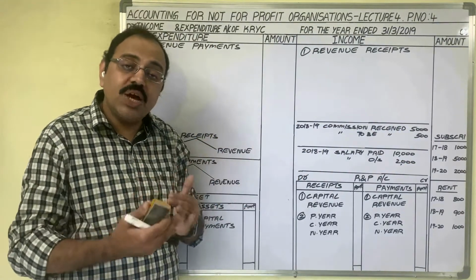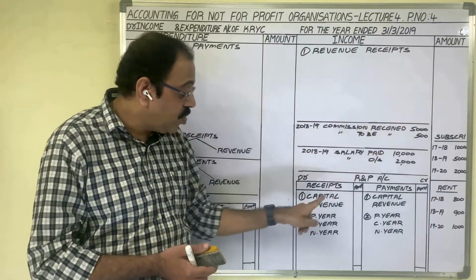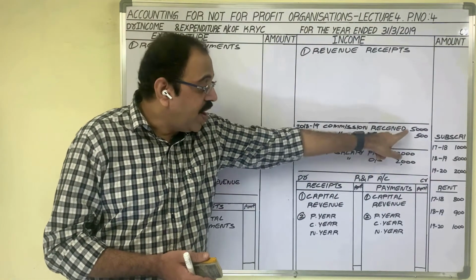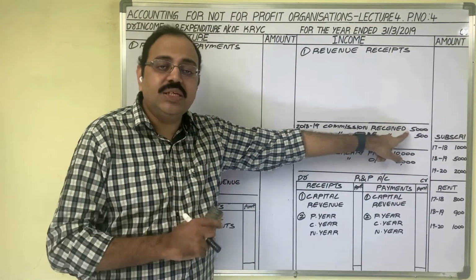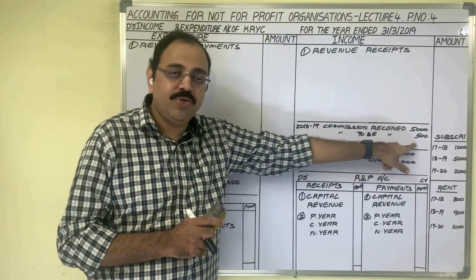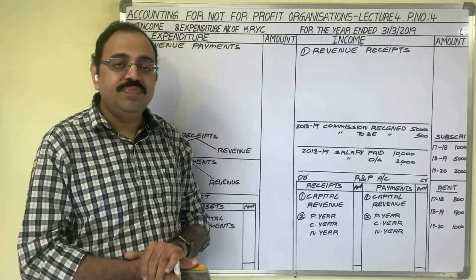How much cash is coming to us? 5,000 rupees. This 5,000 is known as receipt. Income means 5,000 rupees commission received plus 500 rupees commission to be received. The total 5,500 is known as income.